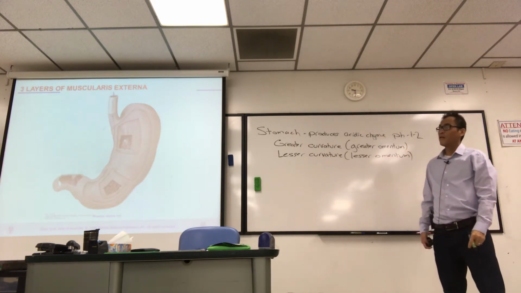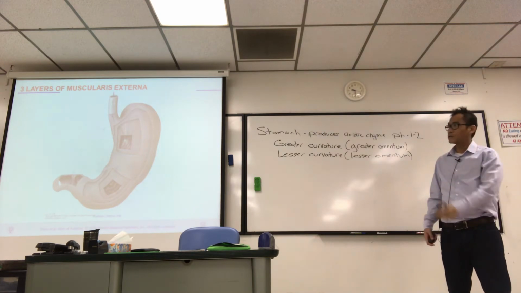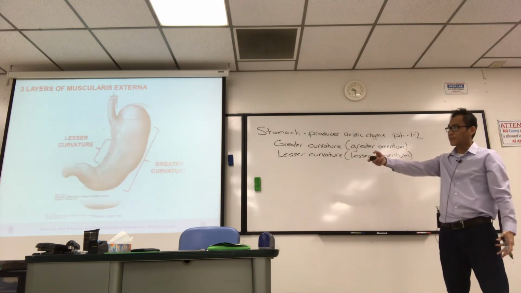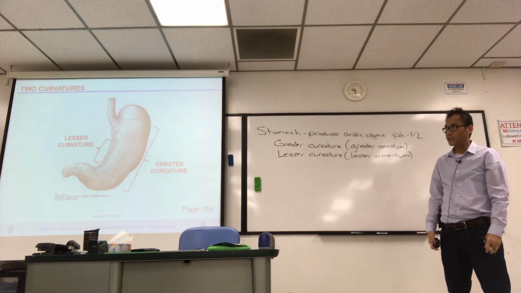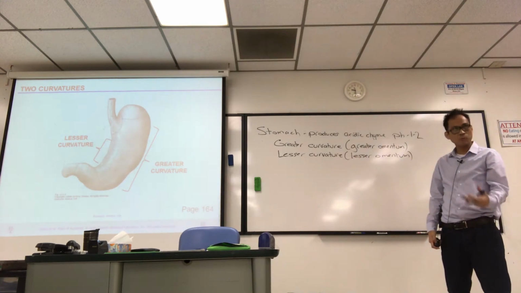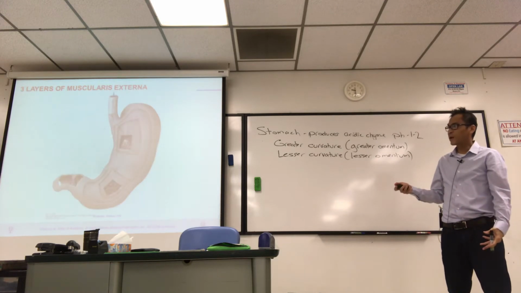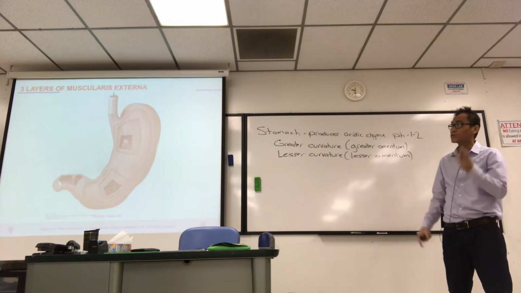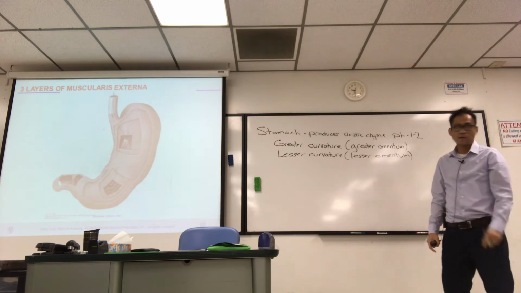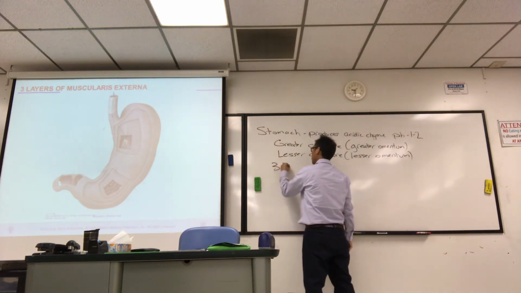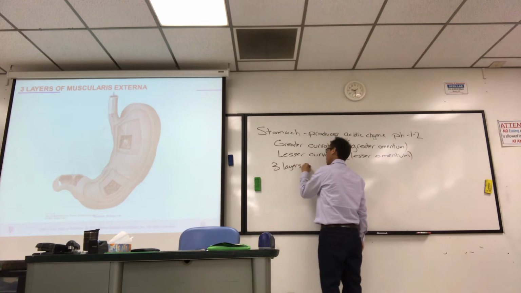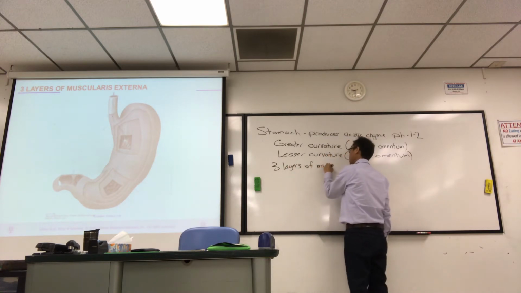In terms of the layers, this outermost layer, by just looking at the stomach, that's the serosa, and that's the accurate color of the stomach when you see it in a cadaver. That's the serosa. The muscle layers are right underneath it. And let's remember the stomach has those three layers of muscularis externa.